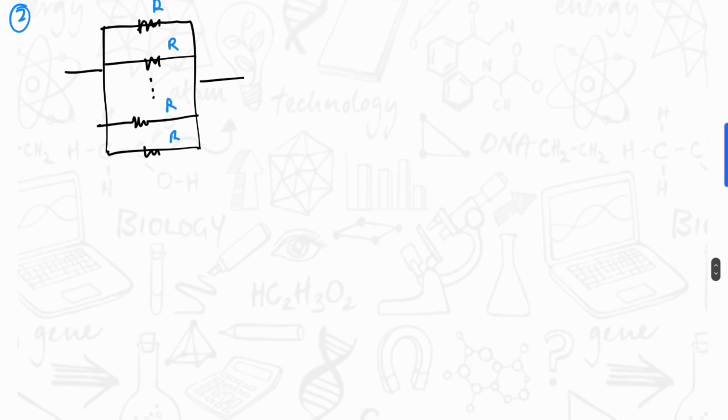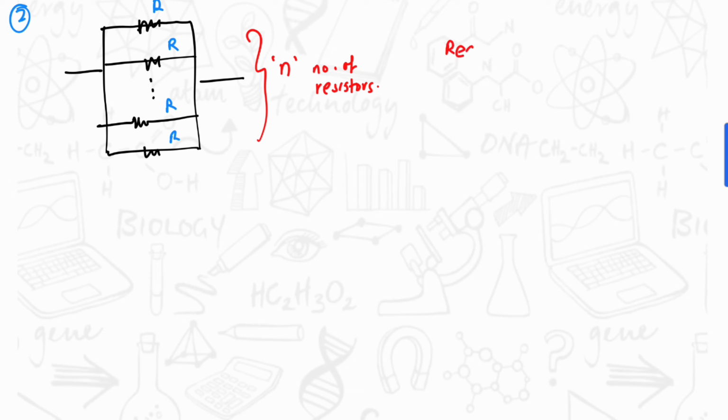And in this example, we have n number of resistors of resistance R. All of them are connected in parallel to each other.